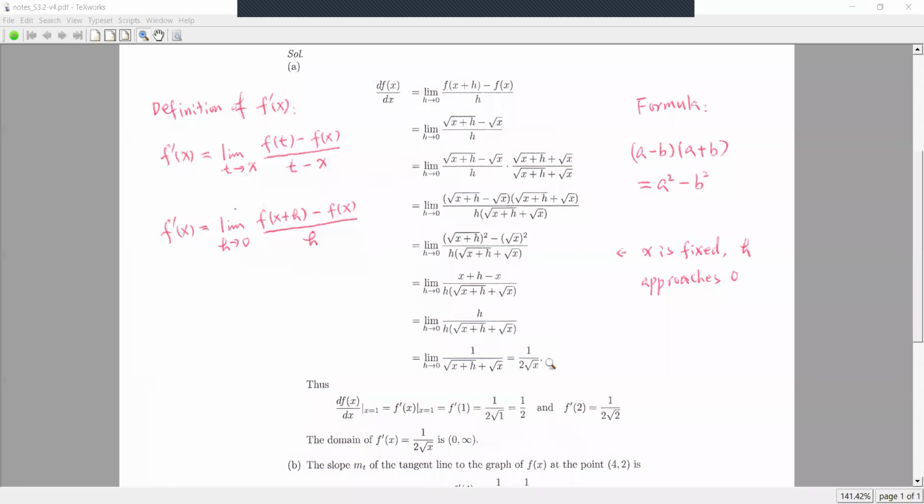After we get the derivative at x, plug in 1 in x, then the derivative of the function at 1 is 1/2 times square root of 1. It is 1/2. Plug in 2 in x, then derivative of the function at 2 is 1 over 2 square root of 2.